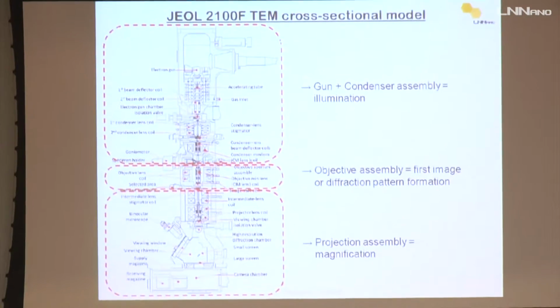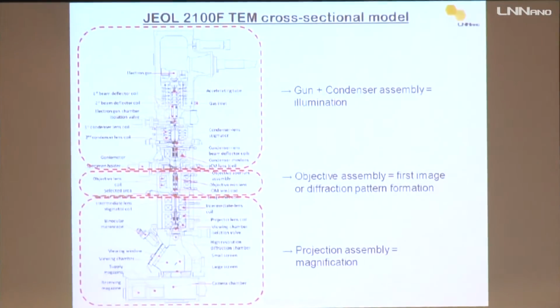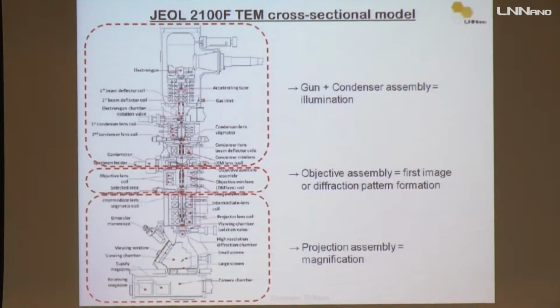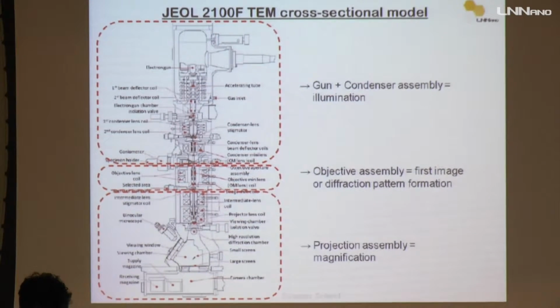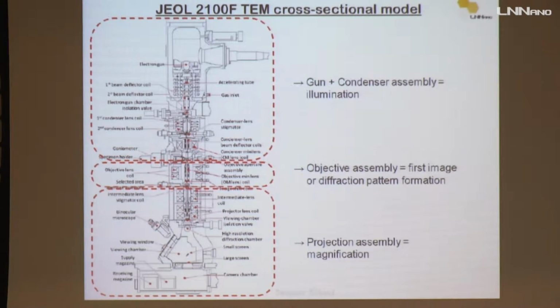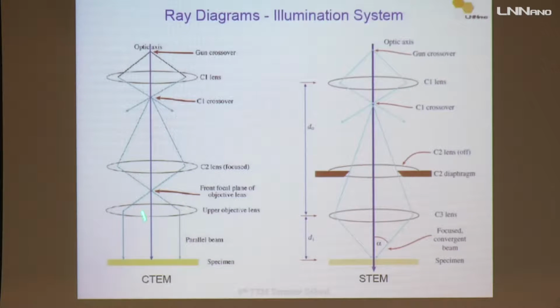Well, this is our machine, the FAG machine. And Professor Zagonel showed the inverted configuration for the STEM machine. This is for the dedicated STM machines. What we do is just change the configuration of the lenses to have a different kind of focusing of the electron beam.